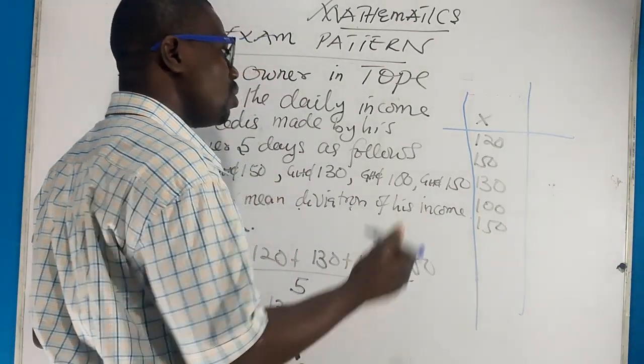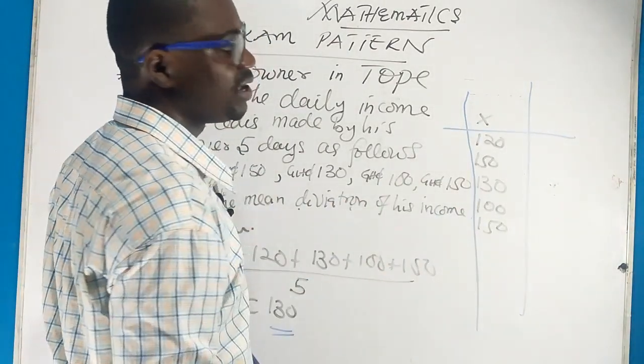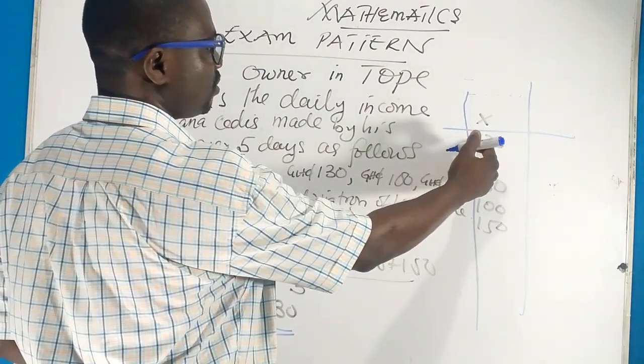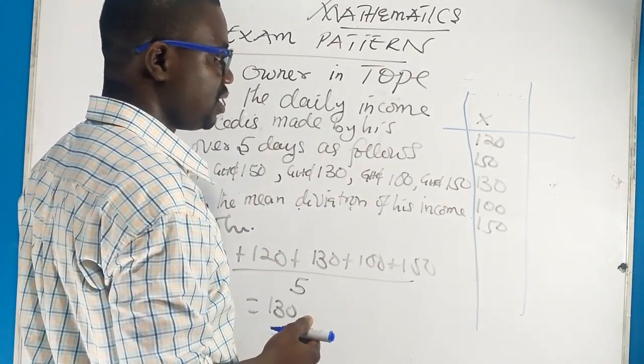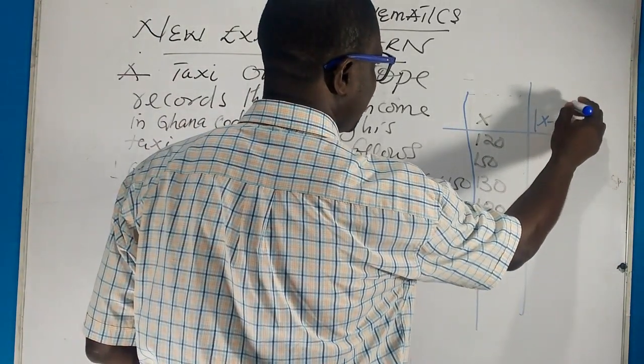Then you are going to subtract the mean, which is 130, from all the items and find its absolute value. So it means that you subtract 130 from 120, and that will give you 10, but it is the absolute. So you say the absolute value of x minus x bar.